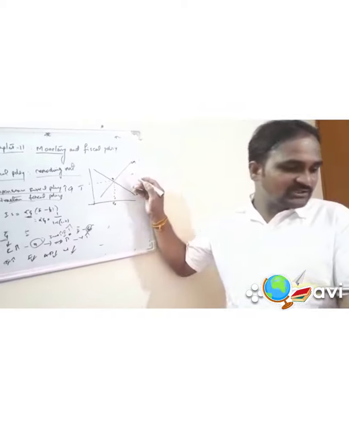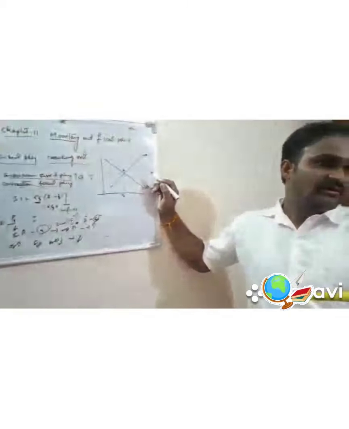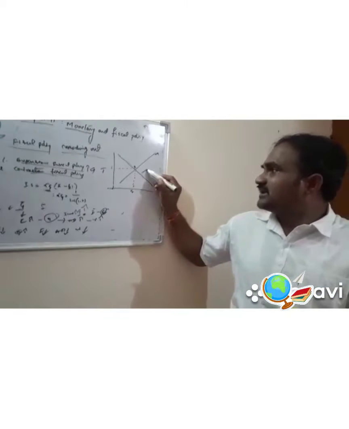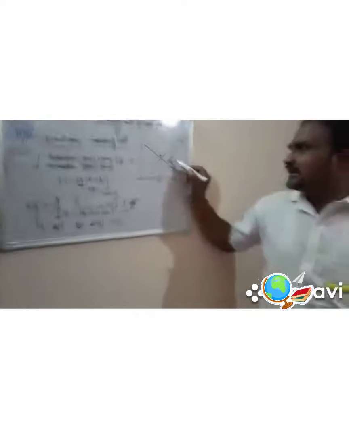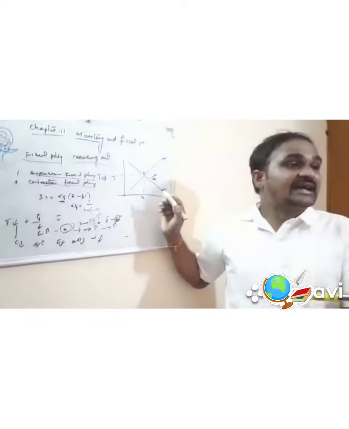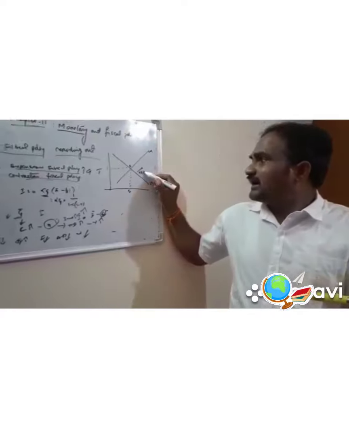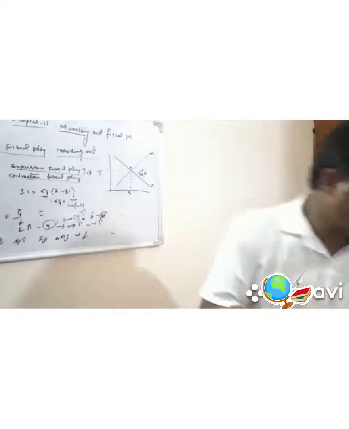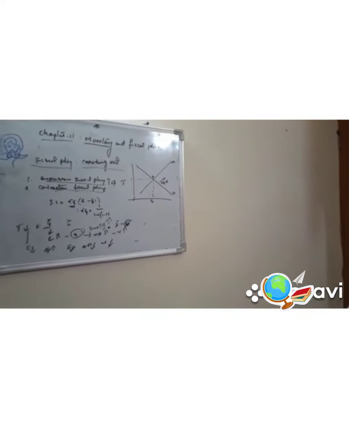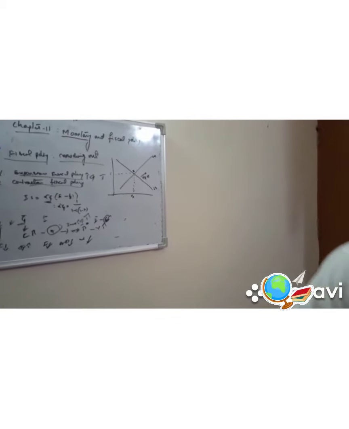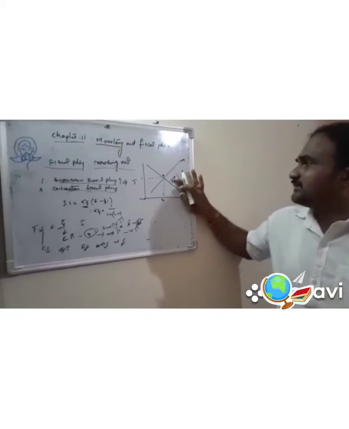How much will the IS curve increase? By this much. What is this? Alpha G, investment expenditure delta I. Alpha G delta I represents alpha G delta G bar.